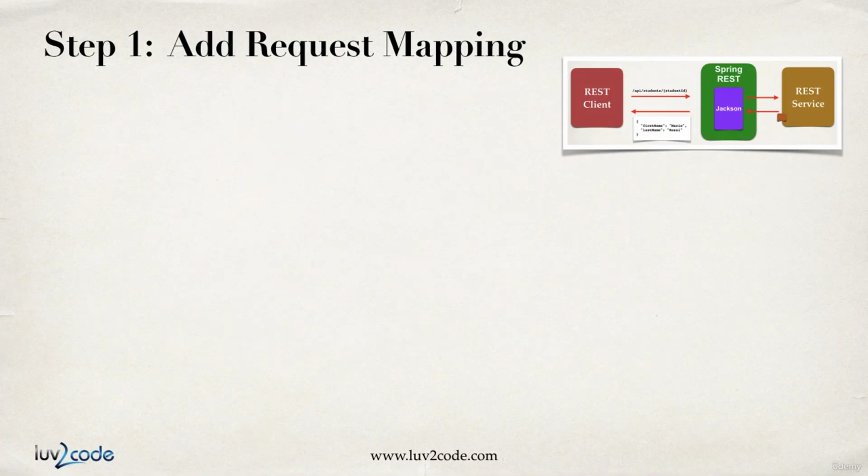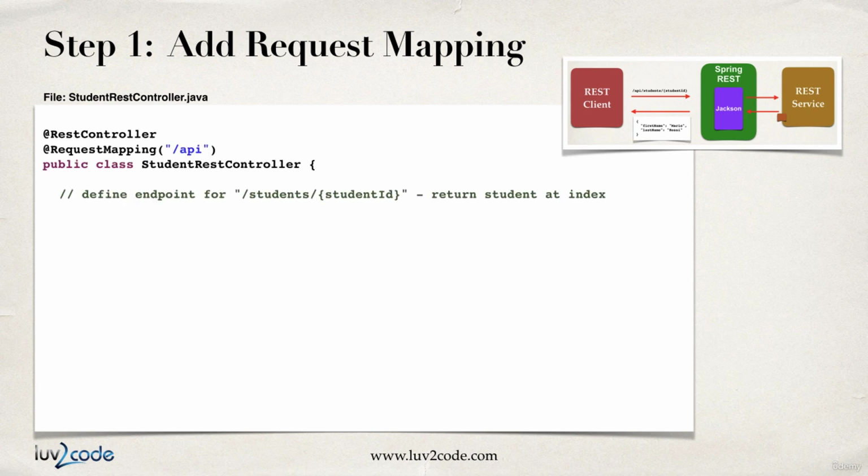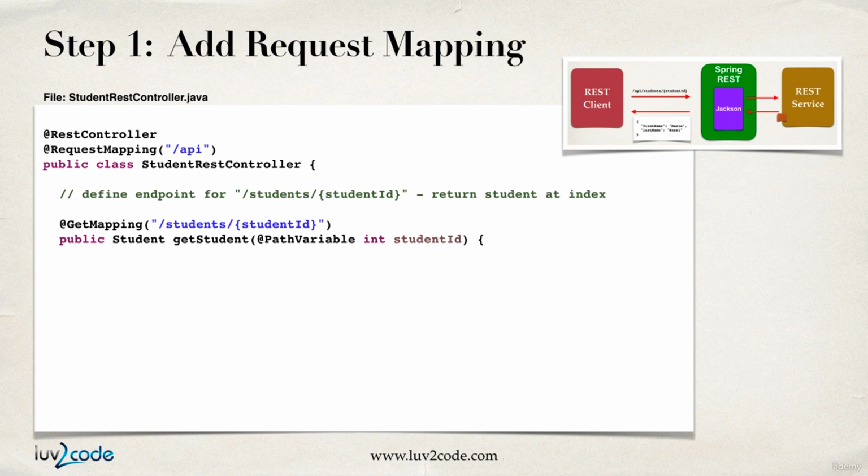Alrighty, so let's dig in and write some code here. With our student REST controller that we've already seen before, @RequestMapping("/api"), StudentRestController, then our little comment here is that we're going to define an endpoint for /students/{studentId} in curly braces, and we'll basically return the student at the given index. So I'll set up this request mapping here for a @GetMapping("/students/{studentId}").